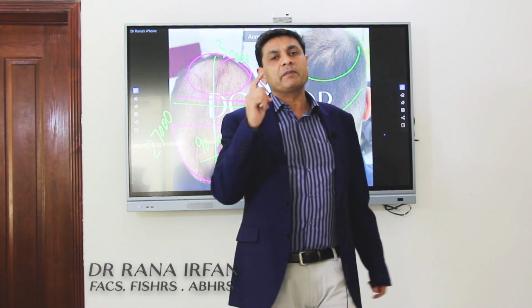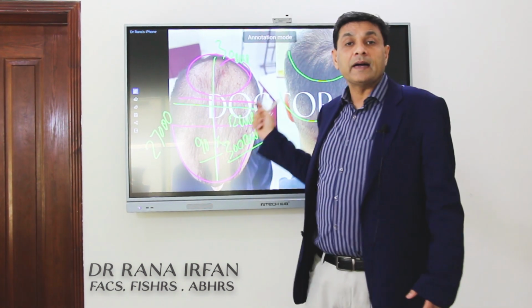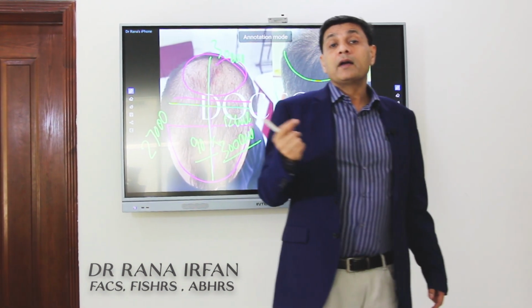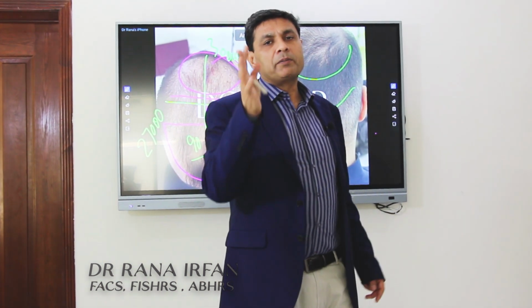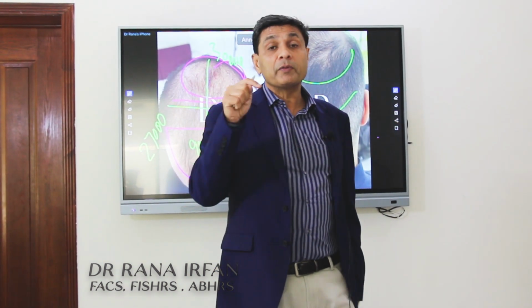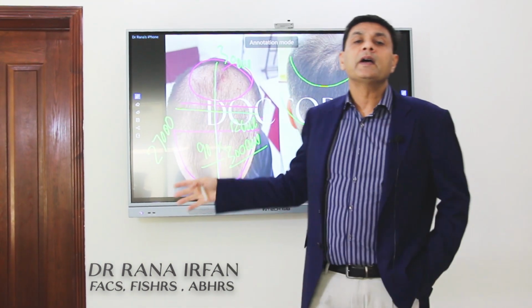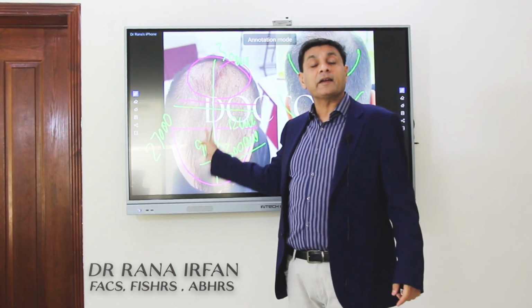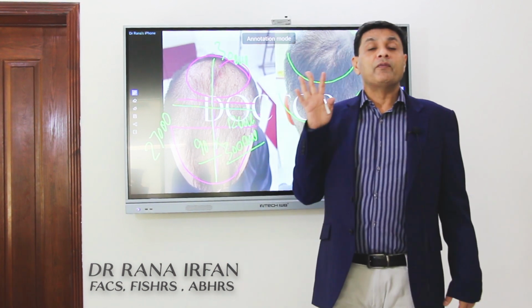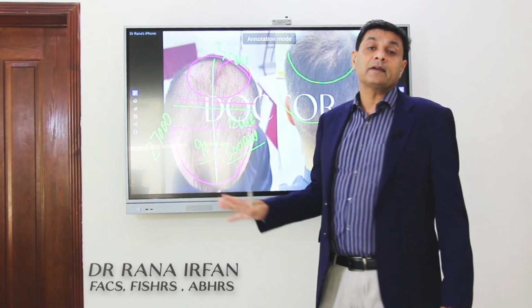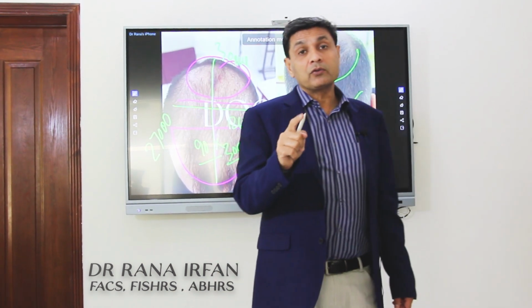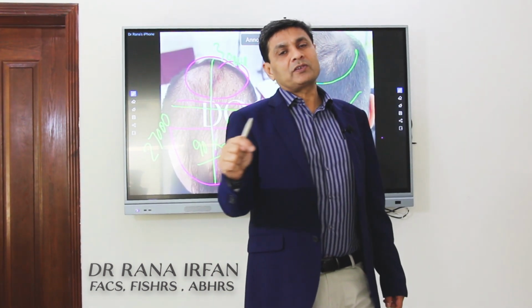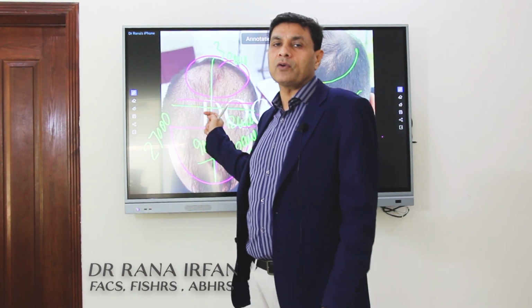So it does not make sense to skip prevention of hair fall. We should go for prevention of hair fall along with hair transplant surgery. When we are discussing hair restoration surgery, we should be thinking about medical treatment of hair fall.